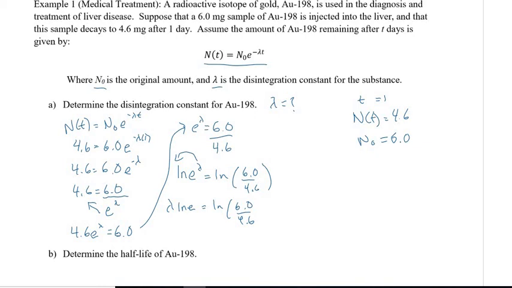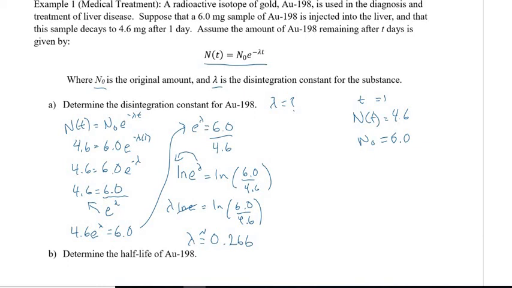And of course, we know that natural log of e is just 1, so that cancels. And so lambda is just going to be, you punch natural log of 6 over 4.6 into your calculator, it should get somewhere around 0.266 as your disintegration constant.